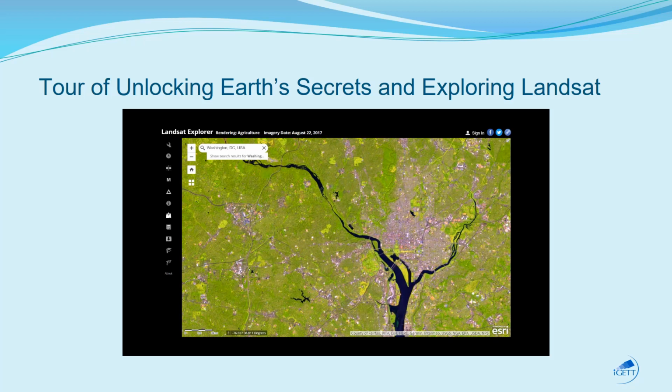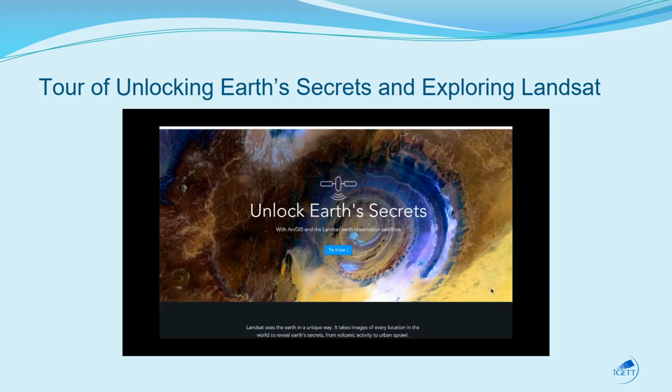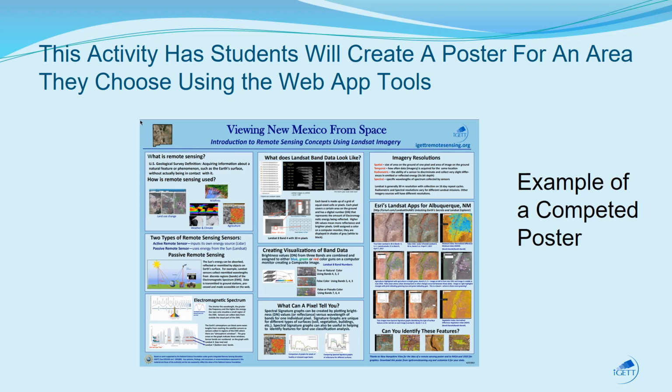I'm going to return to leaving the two applications now. What you will get when you go out is a poster, and students can take the poster and see the finished product poster. So here's an example of a poster looking at the concepts and at different areas of interest in New Mexico.